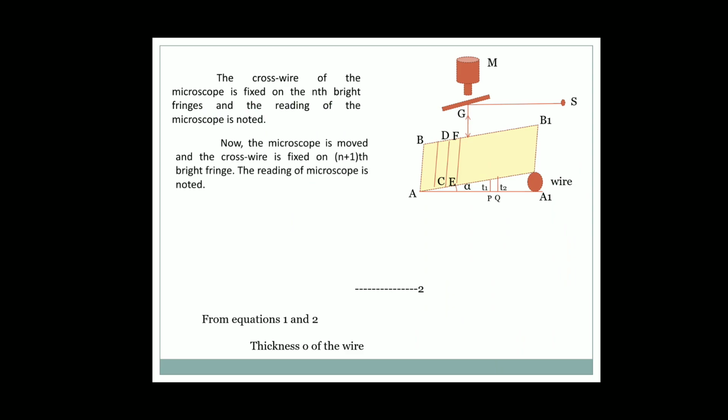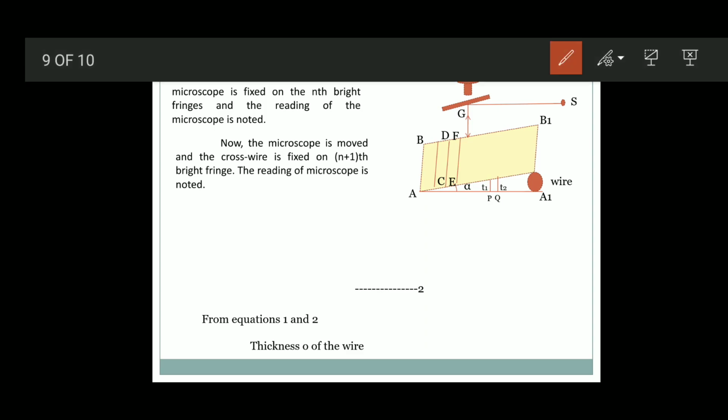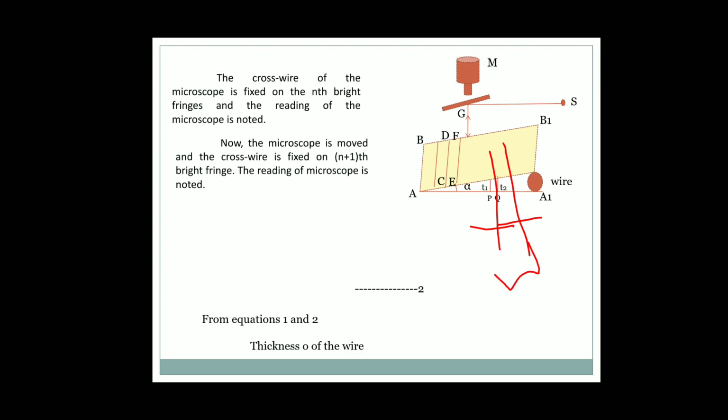The fringe width can be evaluated by the cross wire of the micrometer adjusted at the nth dark fringe, and we take the micrometer reading. Then the second is concentrated at the Qth dark fringe, and maybe bright fringe also. Then the difference between two readings is equal to fringe width beta. So beta can be evaluated by using the micrometer eyepiece.